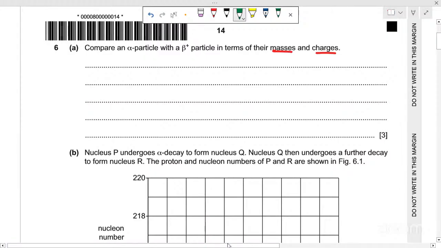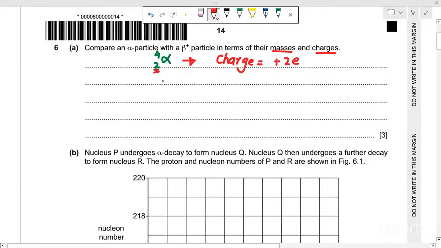So you know alpha particle is like a helium nucleus, and it has two protons and two neutrons. So nucleons are 4 and protons are 2. So that means the charge on this particle would be positive 2e. As there are two protons and the elementary charge is e, the charge on alpha particle would be 2e.